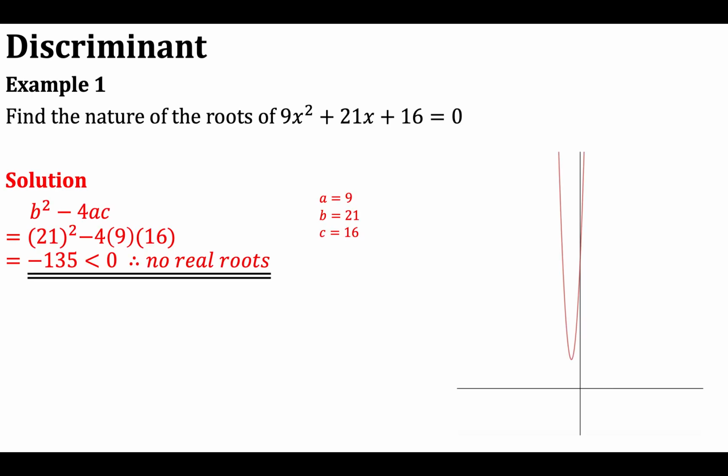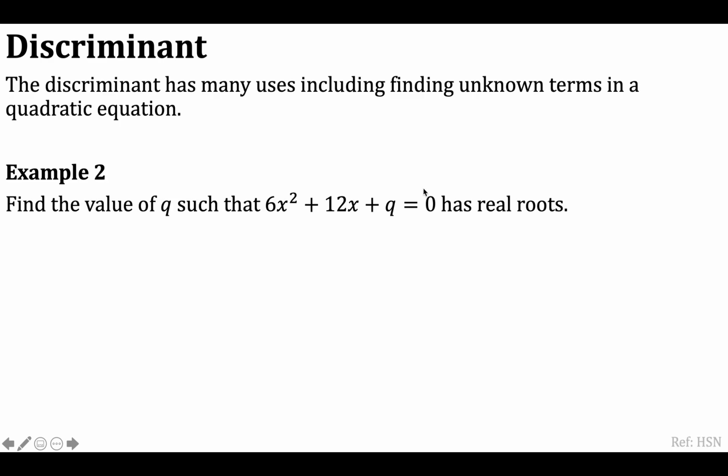Now, example 2 then. And example 2 involves some unknown terms in the quadratic equation. So it's almost like looking at example 1 but in reverse. So in example 1 we were asked to find the nature of the roots, but this time we're going to be given the nature of the roots and work backwards to find one of the values of a, b or c.